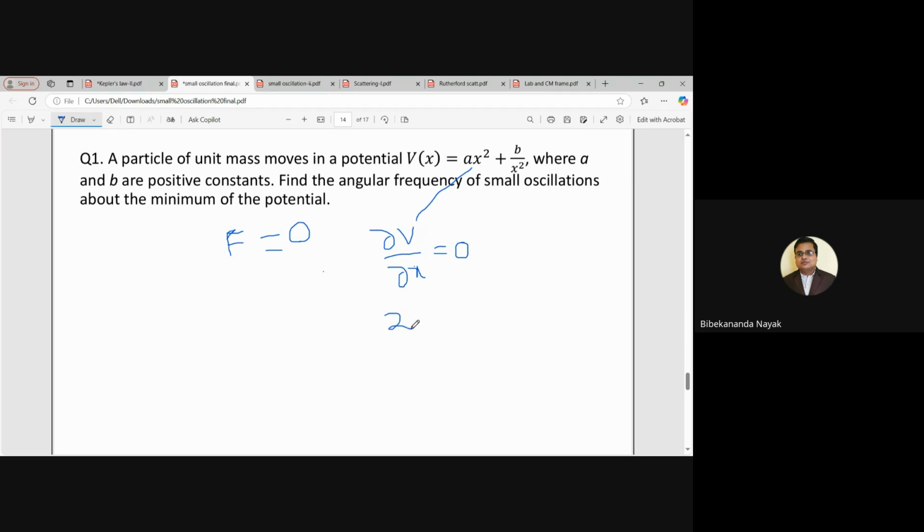Tell me. If you take the derivative, 2ax minus, hello? What is the derivative of b by x square? X to the power minus 2, no? So minus 2b by x cube is equal to 0, the equilibrium point.